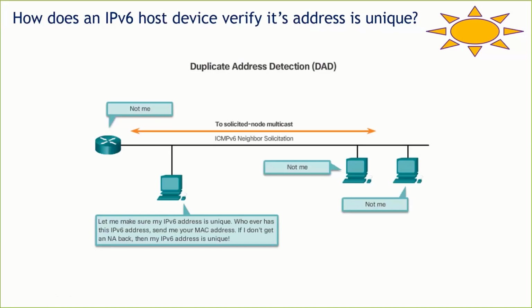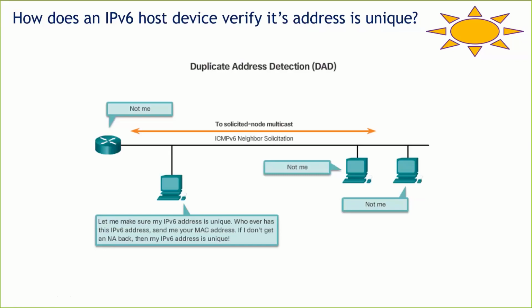Notice here, it's using the solicited node, so anyone on its network, and it's like, hey, this is the IPv6 address that I'm going to be using. Is that okay? Does anybody else have that address? Yep, it uses neighbor solicitation and neighbor advertisements, right? Because it's sending it to its neighbor.